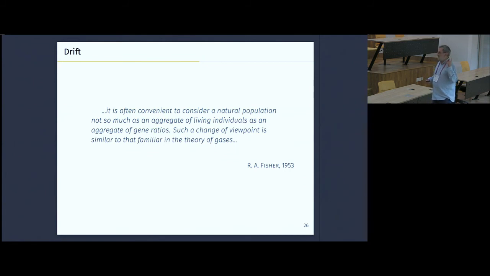When you have selection, the time to fixation, as we have just seen in Kavita's lecture, is of the order of the log of the size of the population divided by the fitness advantage, right? So it's a very different time scale. And I hope tomorrow to be able to tell you something more about that.